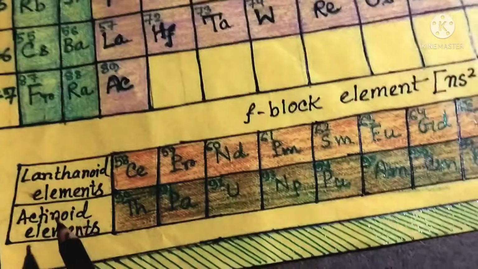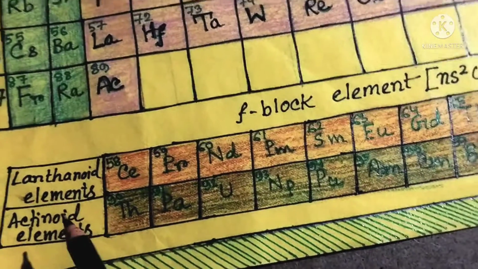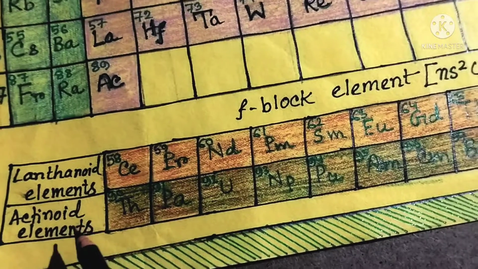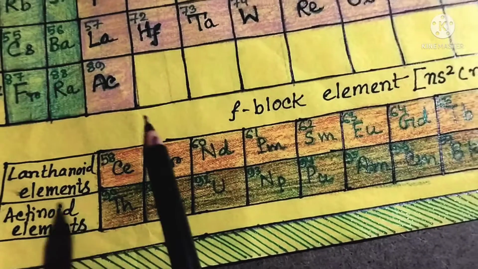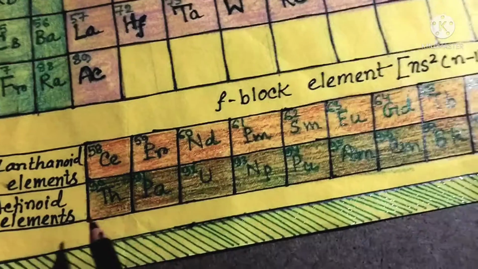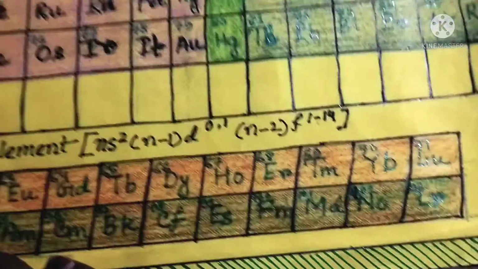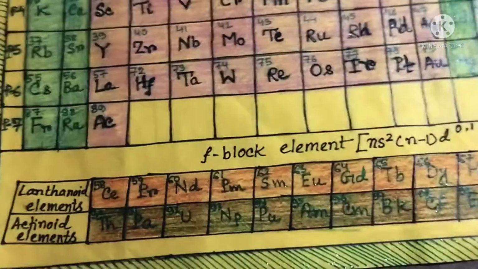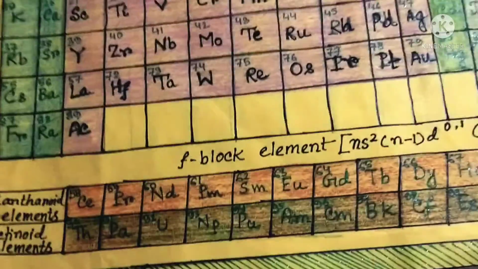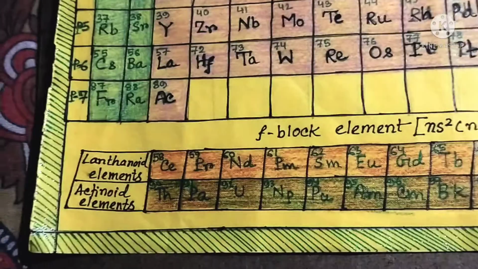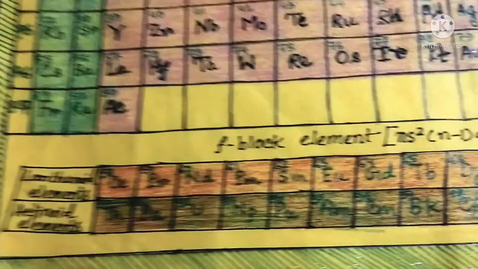And after actinium there are also 13 elements which are known as actinoid elements, and they also possess F block, from thorium to lawrencium. There are 13 actinoid elements and 13 lanthanoid elements.